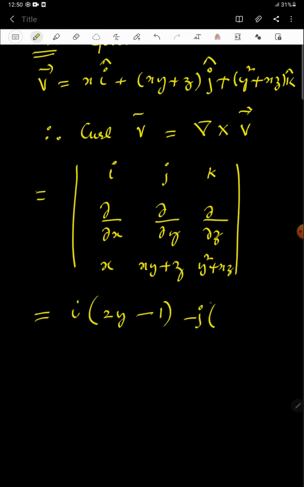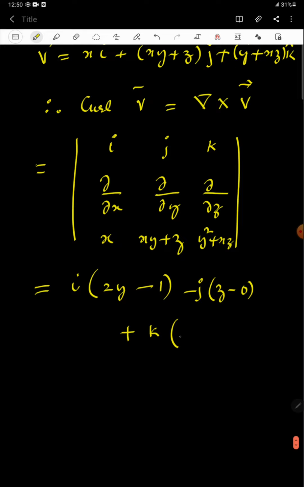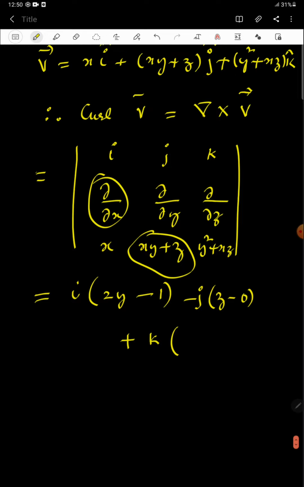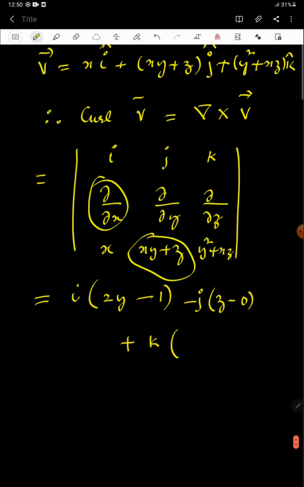Minus j times dou by dou x of this one, that is z, minus dou by dou z of this x, that is 0, minus 0. Plus k times dou by dou x of xy plus z, that is y, minus dou by dou y of x, that is equal to 0.